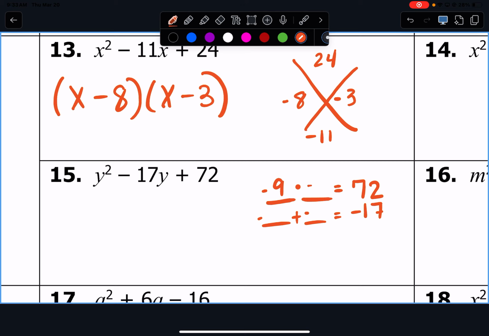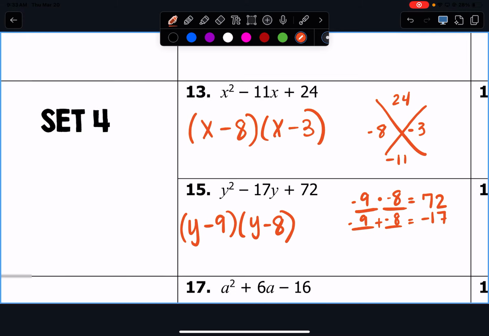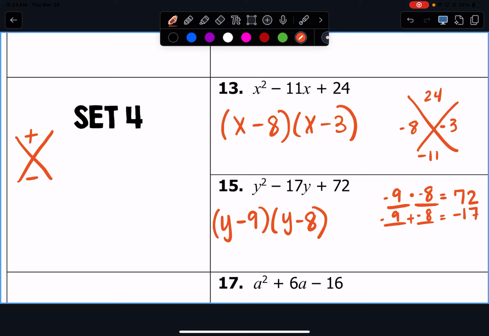So negative 9, negative 8. How would I write my answer? Okay, so for this section, we have a positive and we're trying to add to get a negative, so both signs need to be negative.